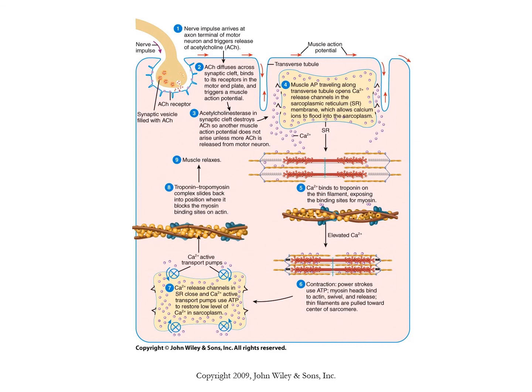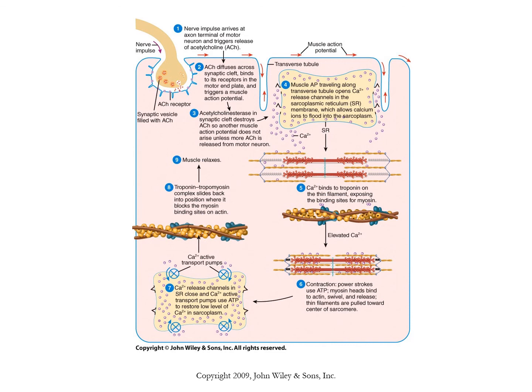Step 2. Acetylcholine diffuses across the synaptic cleft, binds to its receptors in the motor end plate in the sarcolemma of the muscle cell. That then will trigger the influx of sodium that leads to a muscle action potential along the sarcolemma and down into the T tubules. Pause.